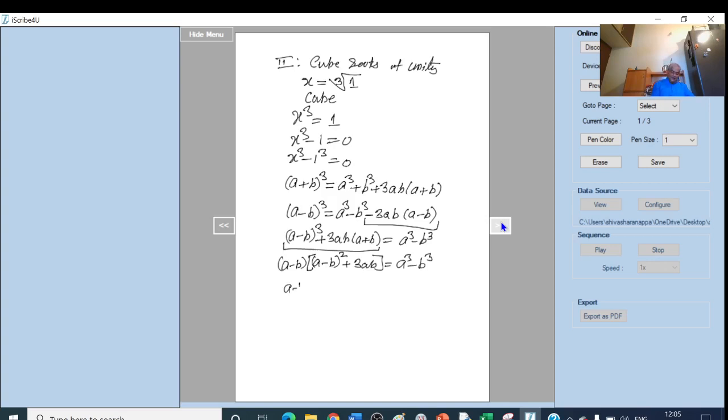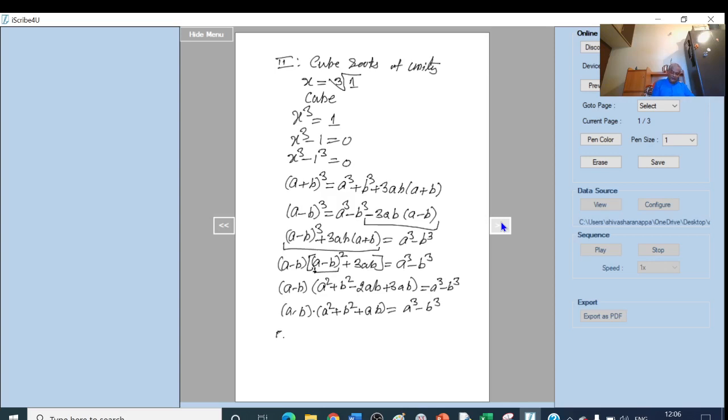So that is a minus b into, expanding this, a minus b whole square is a square plus b square minus 2ab, plus this 3ab, equal to a cube minus b cube. So that is a minus b into a square plus b square minus 2ab plus 3ab is 1ab, equal to a cube minus b cube.